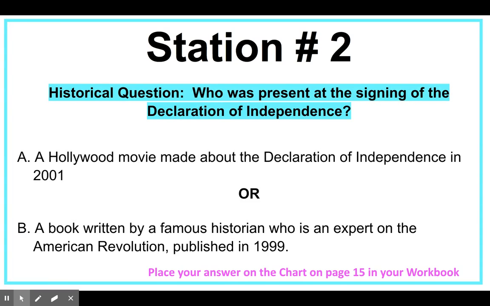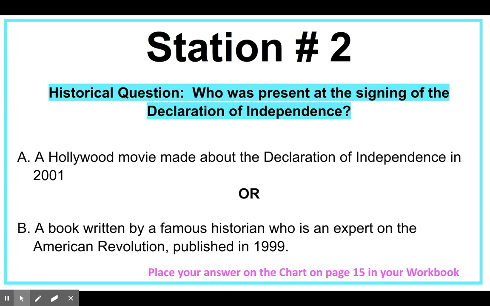Okay, here's our second set. So station 2. The question is, who was present at the signing of the Declaration of Independence? So what source would you use? Source A is a Hollywood movie made about the Declaration of Independence in 2001. Or would you use a book written by a famous historian, who's an expert on the American Revolution, published in 1999?